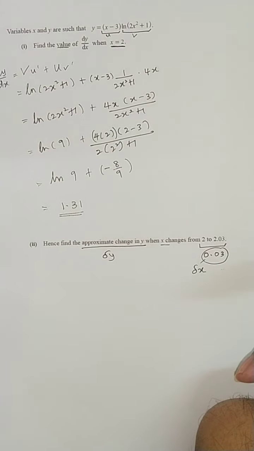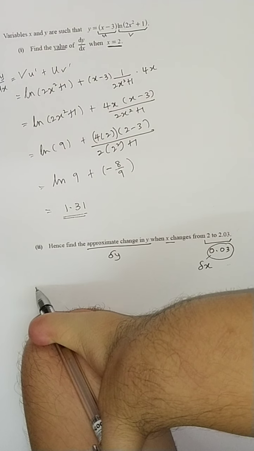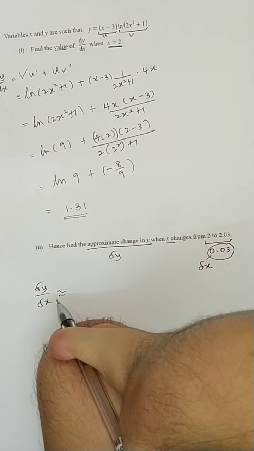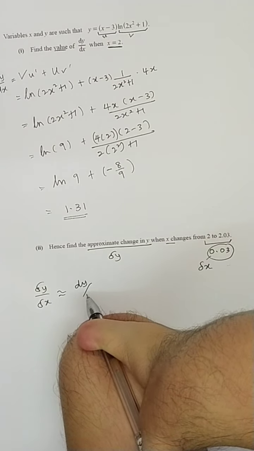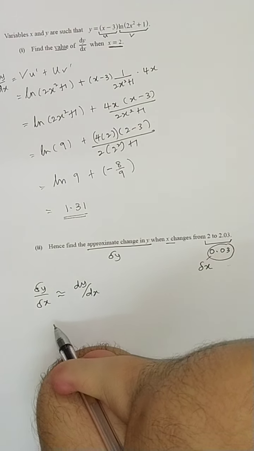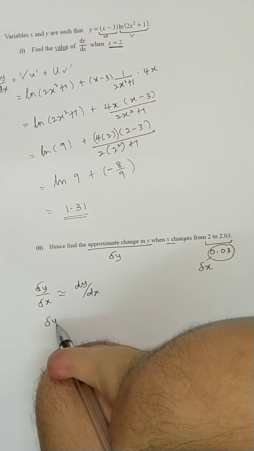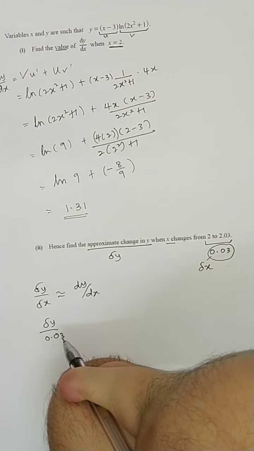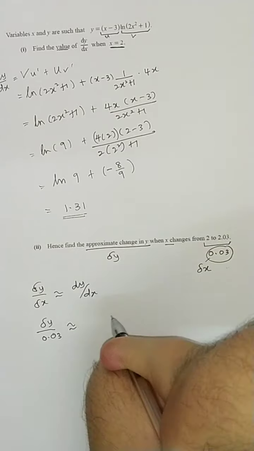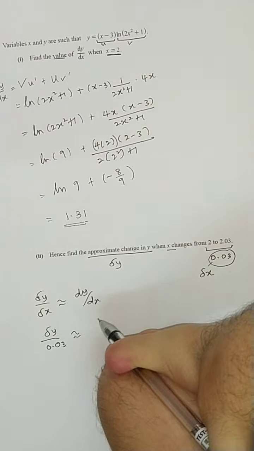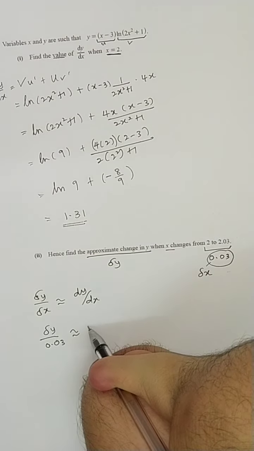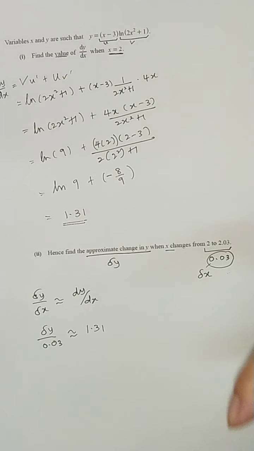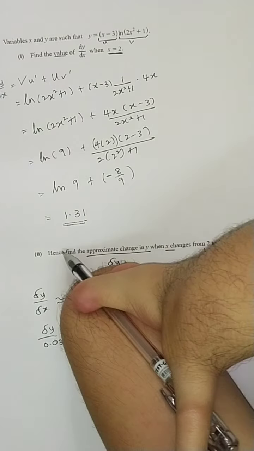Okay, now let's answer this question. Formula first. Delta y over delta x is approximately dy over dx. So delta y over delta x is 0.03, approximately, what is dy over dx from the previous question? 1.31. How do I know that I must use the previous question?